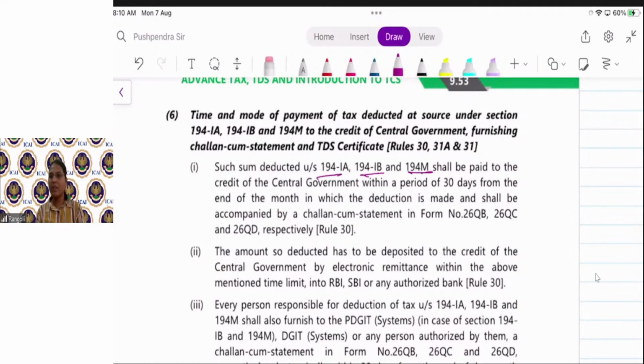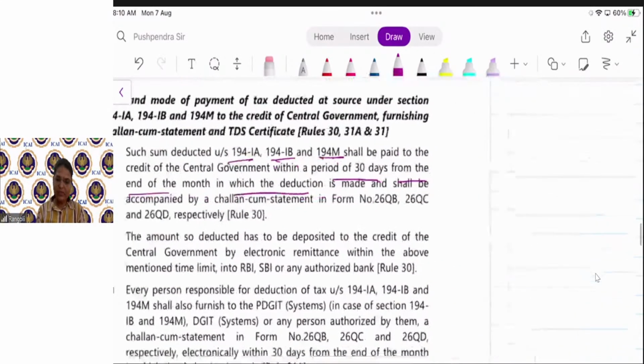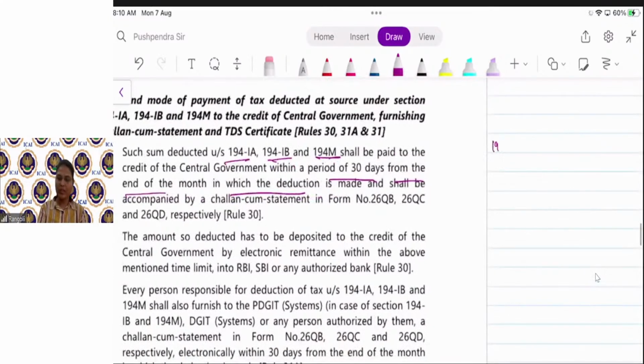You need to pay to the government the TDS amount because it is not yours, it is someone else's. Okay. So you need to pay the TDS to the government within 30 days from the end of month in which TDS is deducted. So say for example, I have deducted TDS under section 194M in the month of June.